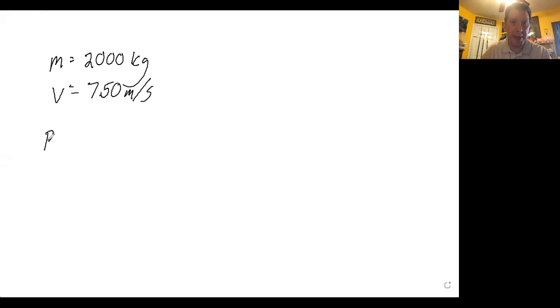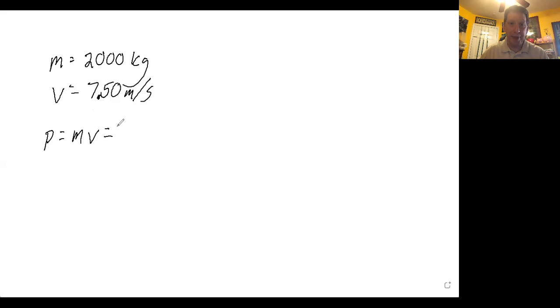So the momentum then is equal to the product of mass times velocity. And that's 7.5, just to make that decimal point a little bit clearer. Okay, so you have 2,000 times 7.5, and so that's 15,000.